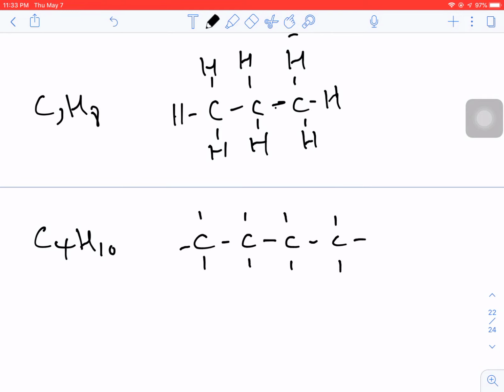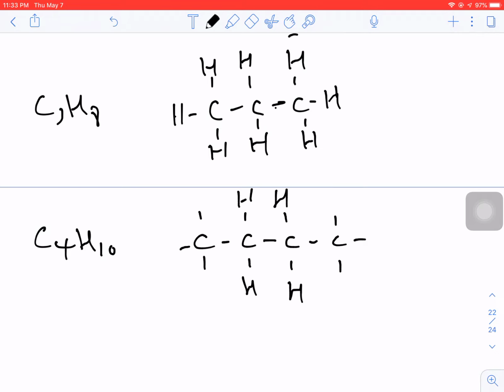Ane says that there's only single bonds between carbons. It means if I look at each carbon, this carbon is using 2 electrons, 1 on each side, and it's got 2 left over for hydrogens. This carbon is using 2 electrons, 1 on each side, to bond to the chain, and 2 to bond to hydrogens. So I'm going to stick my hydrogens on those 2 carbons.